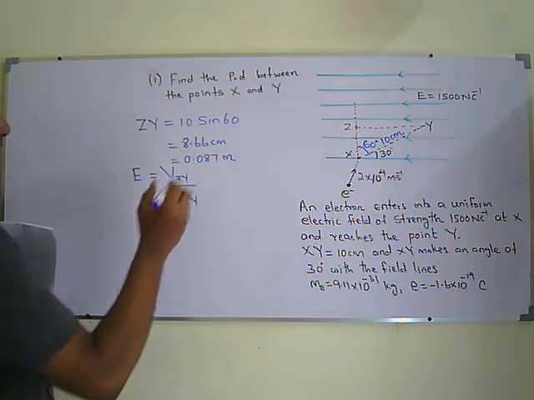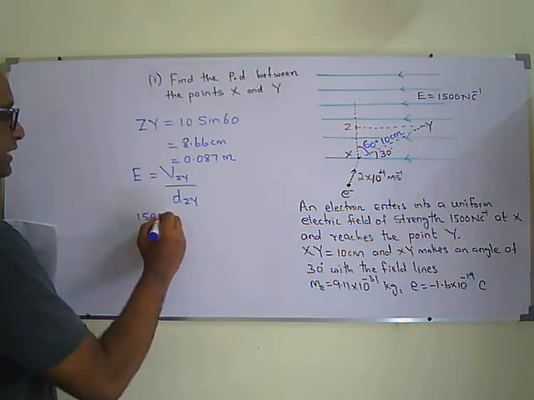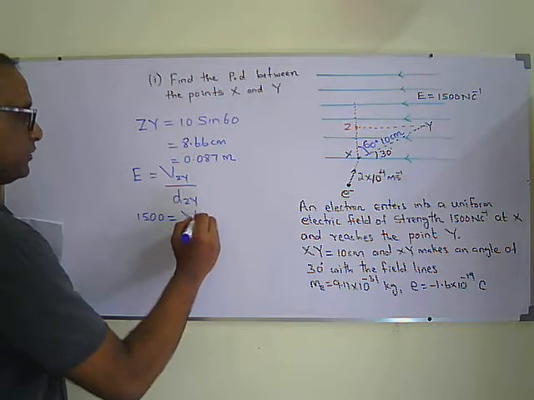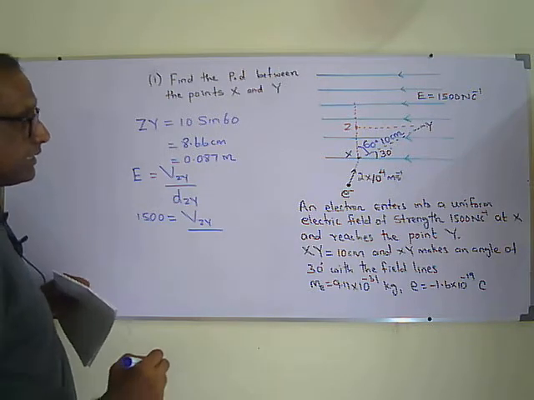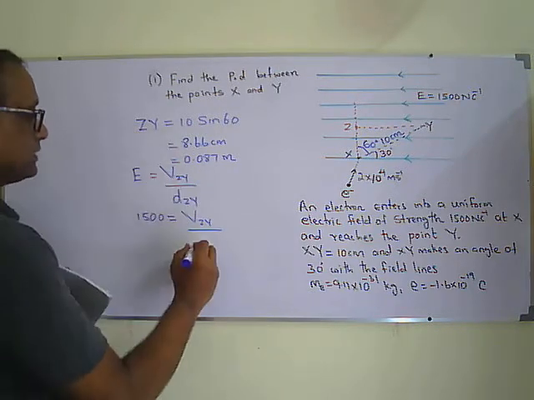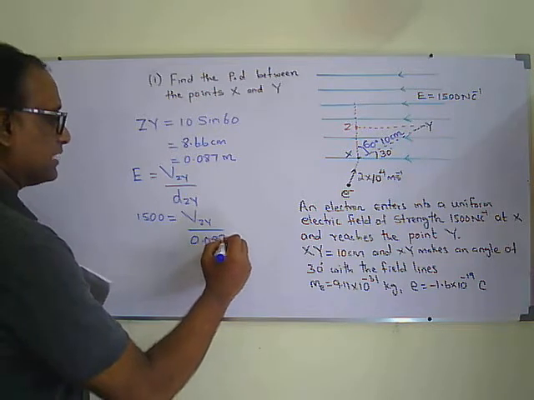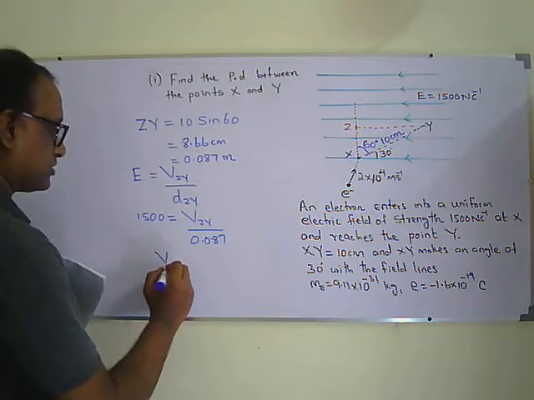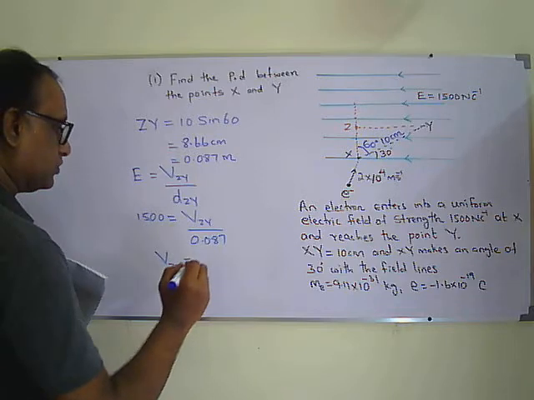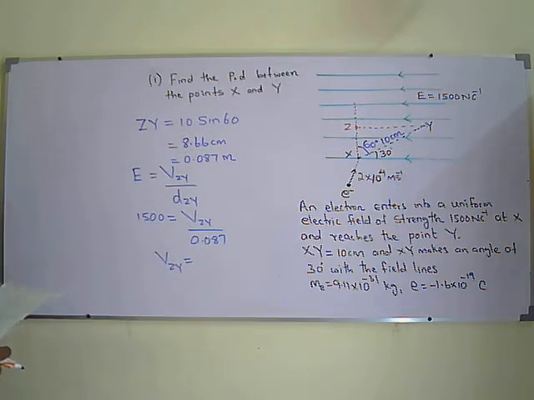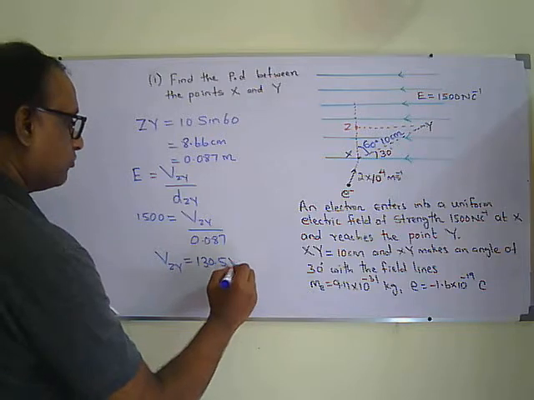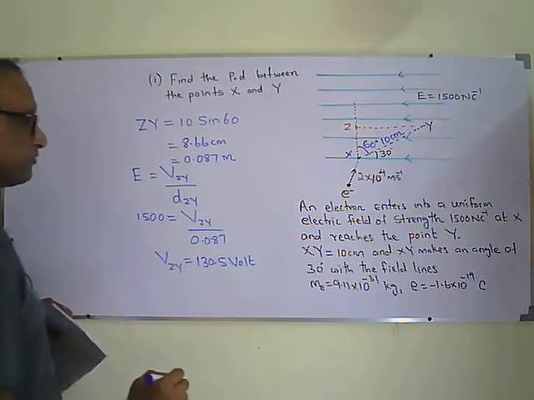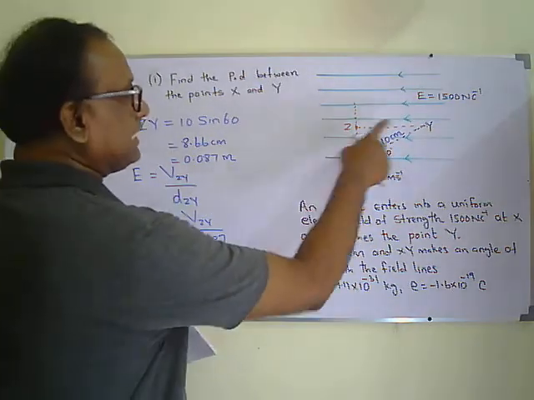The electric field strength is 1500, and the distance ZY is 0.087 meter. So the potential difference of ZY will be 130.5 volt. That is how I found the potential difference between Z and Y.